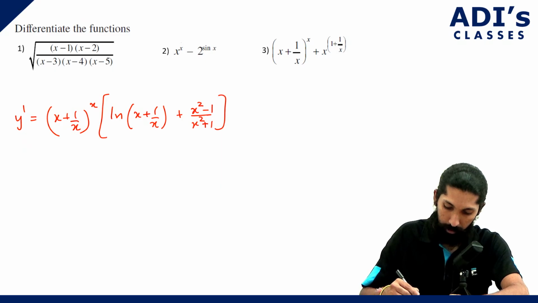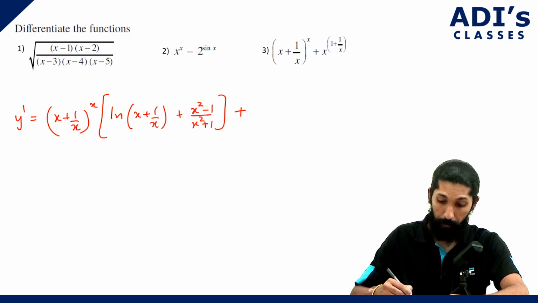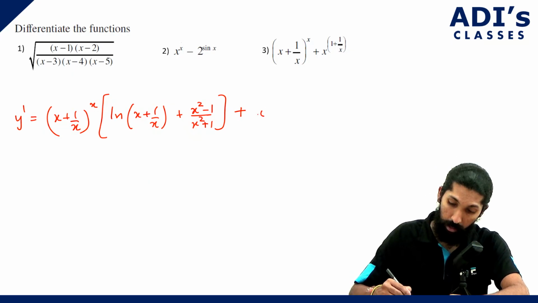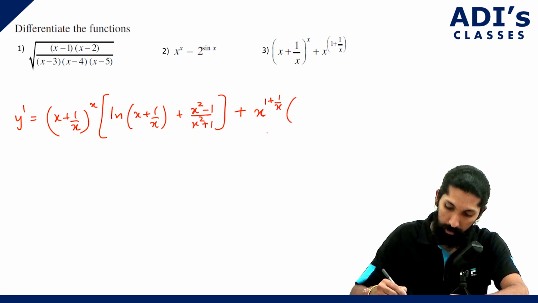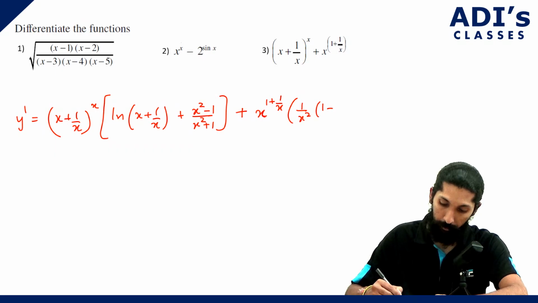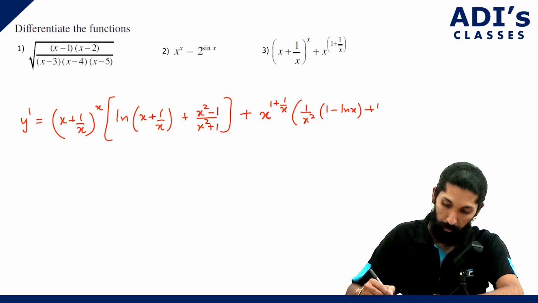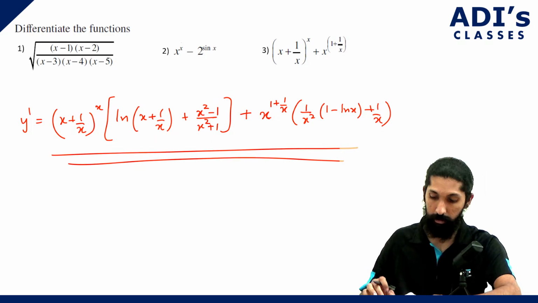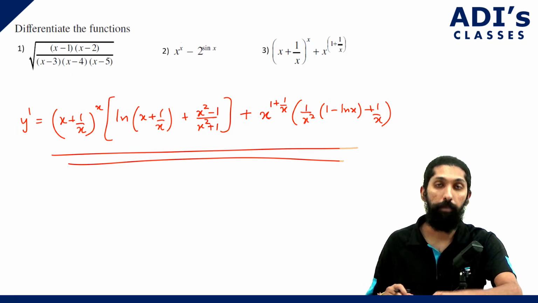This is the first part. Plus, now you have v dash, correct? Which is x to the power of (1 plus 1 by x) into (1 minus log x). This is the final answer. I know it's quite a big answer, but this is the method you are going to use.